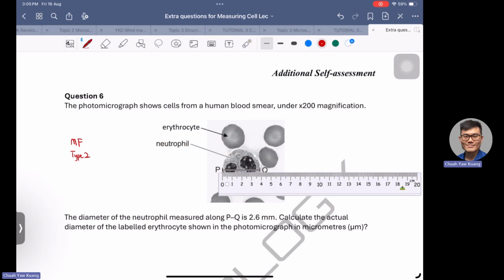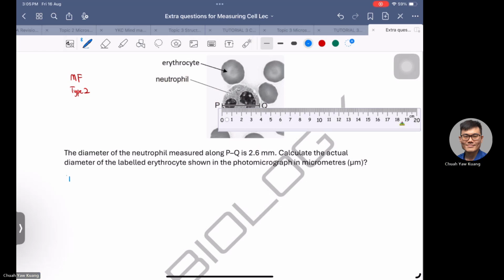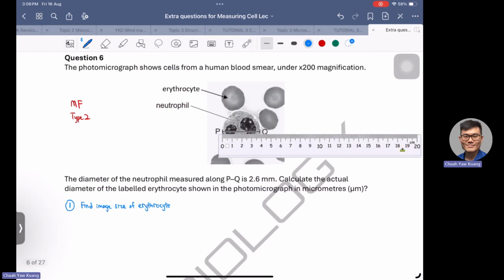So the first step is we need to find the image size of the erythrocyte first. This is one extra step for us.